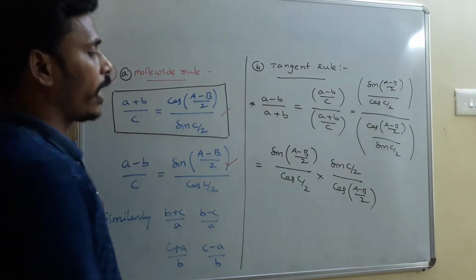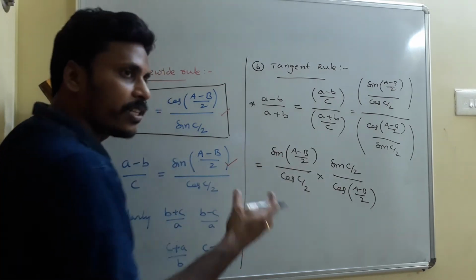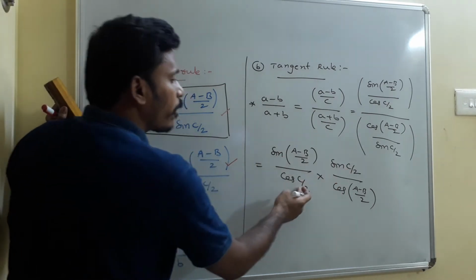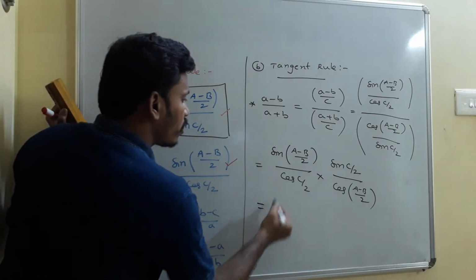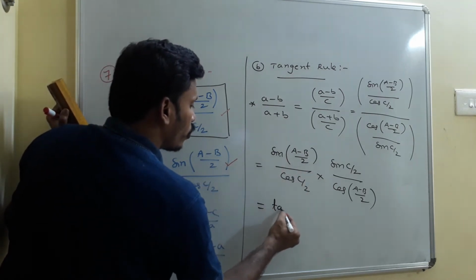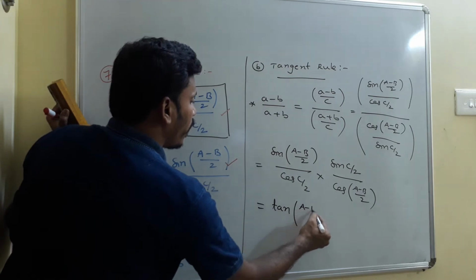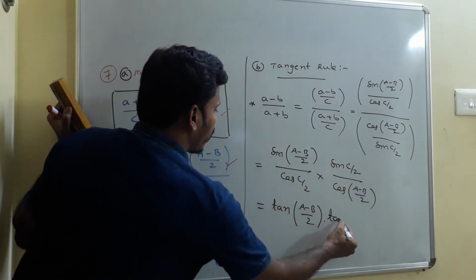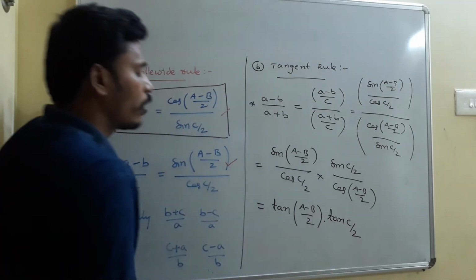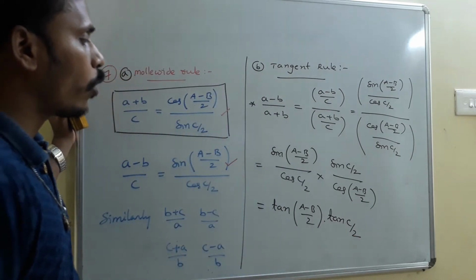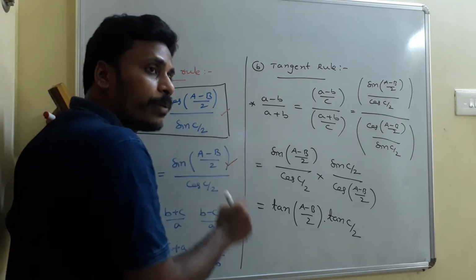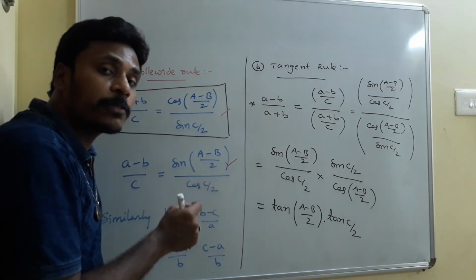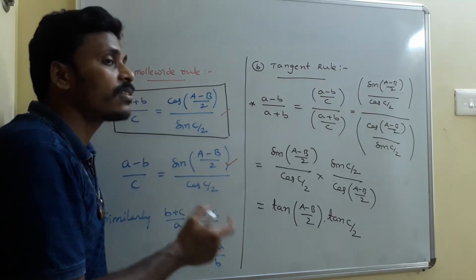And once you analyze, this sin by cos is tan, as well as this sin by cos is again tan. So tan of (a minus b) by 2 into tan c by 2. So at the end, the tangent rule is what? A minus b by a plus b is tan of (a minus b) by 2 into tan c by 2.